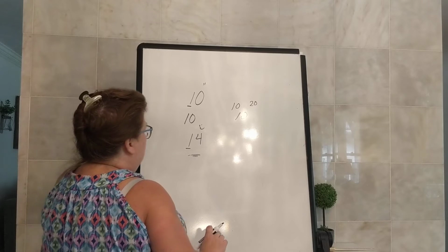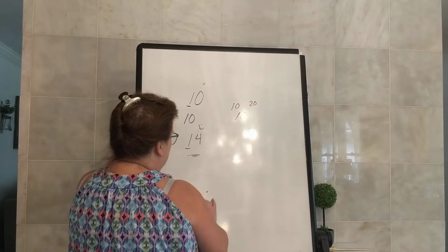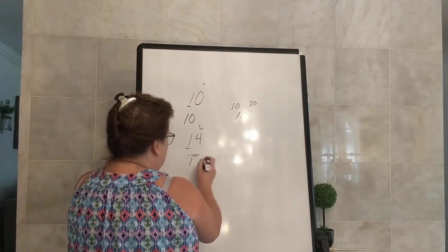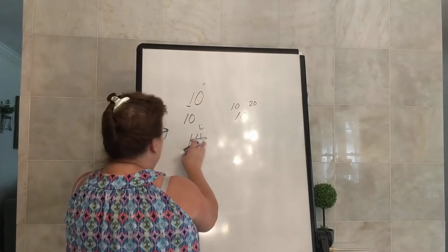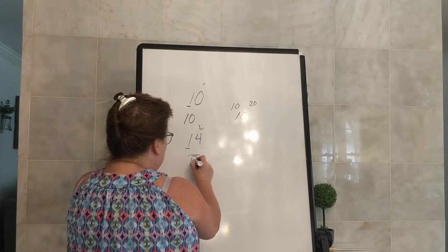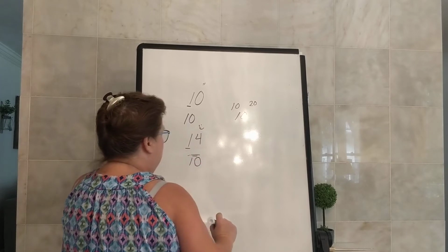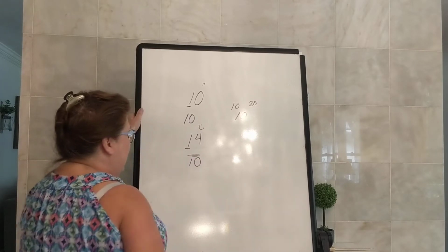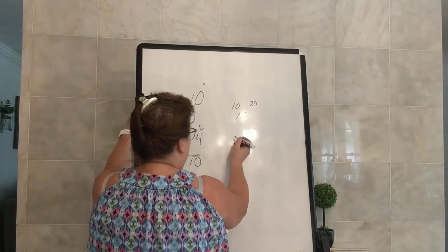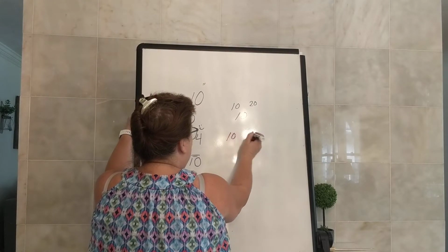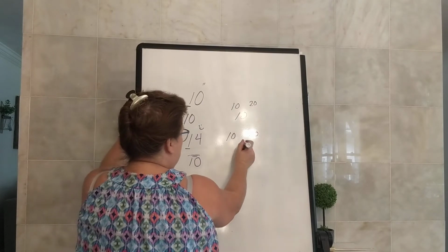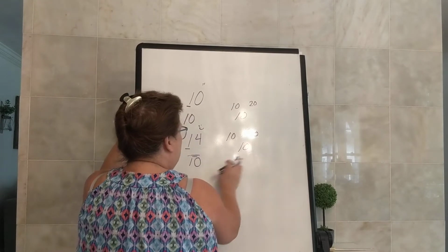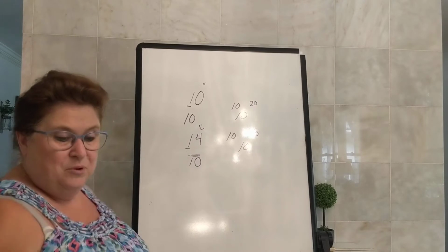So if it is a 4, that tells us our 1 in our tens place will stay the same. We won't mess with it, and the digit in our ones place becomes a 0. So you can think of it like that, or you can think, is 14 closer to 10, or is it closer to 20? And 14 is closer to 10, so either way, it's going to round to 10, okay?